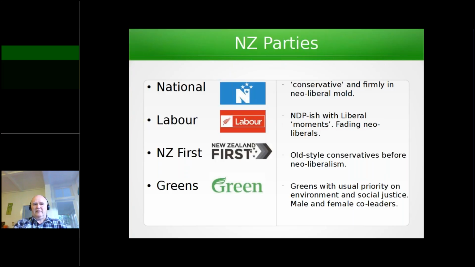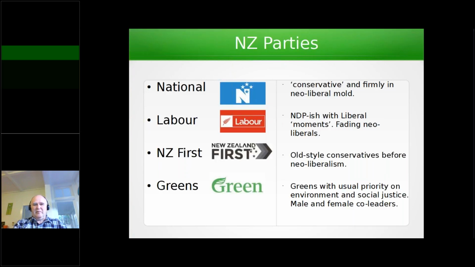They're a major faction in the Labour Party today, but I describe them now as fading neoliberals. So they're still supporting the TPP, but there's a lot of opposition in their own party, and of course from the Green Party as well. So, but they're still there with that. So that kind of gives you a little bit of a general fix on what they're about.